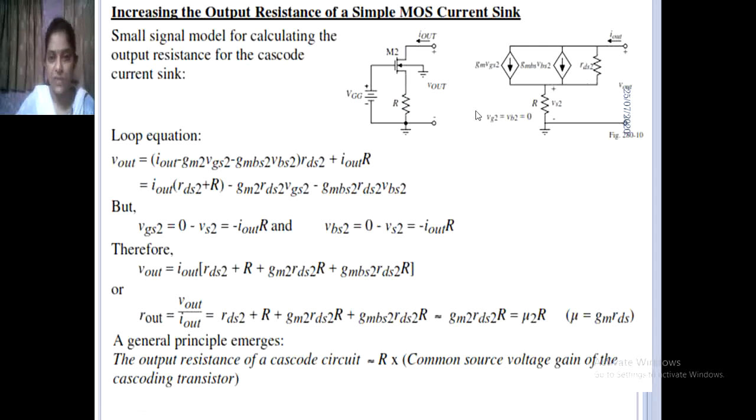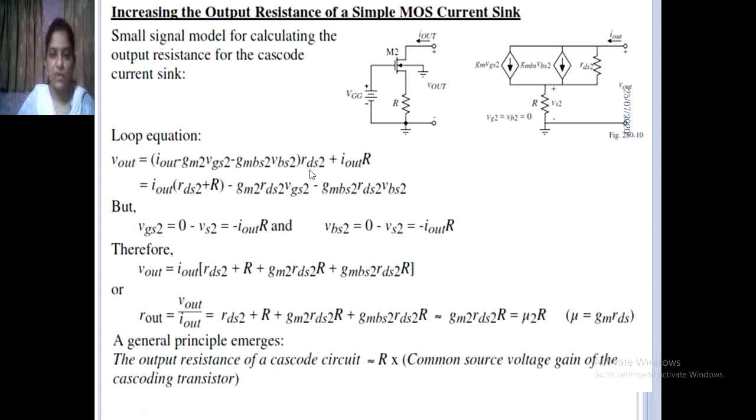So this is nothing but the equivalent circuit. Here is the transconductance into the gate to source voltage, and here the transconductance of the other MOS. Then how are we going to increase that output resistance? Let us see.